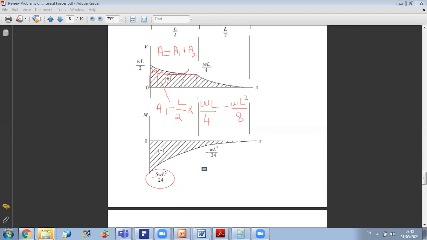I will remind you of a certain theorem for a parabola. If you have a parabola, okay, and the condition to apply this theorem is to have a horizontal slope at one of the points of the ends, okay, or here or here. So you have here a parabola.